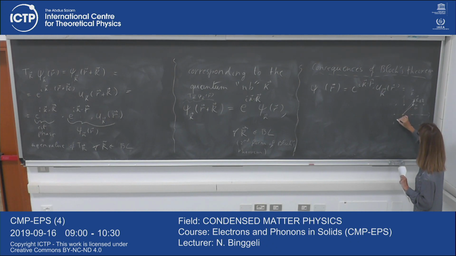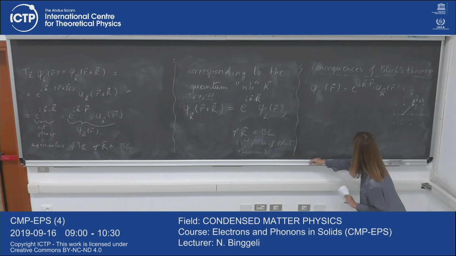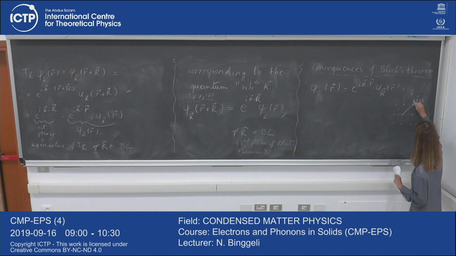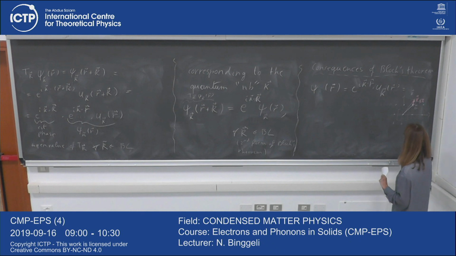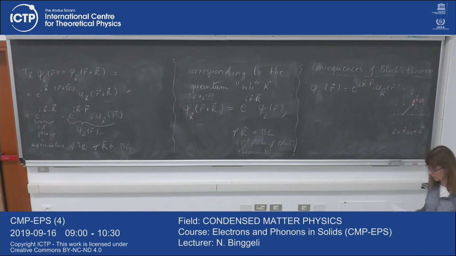So my vector here, let's say in red, belongs to the Brillouin zone. So I can always write my k as a k inside the Brillouin zone plus a reciprocal lattice vector.